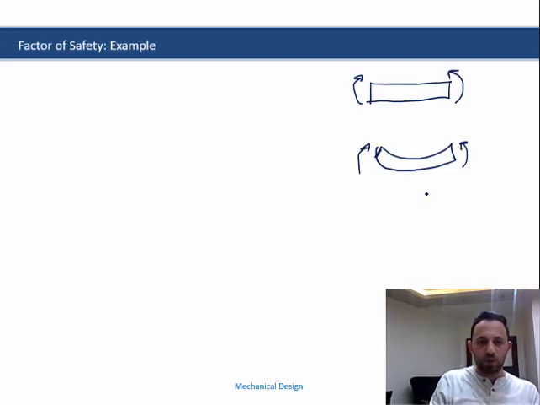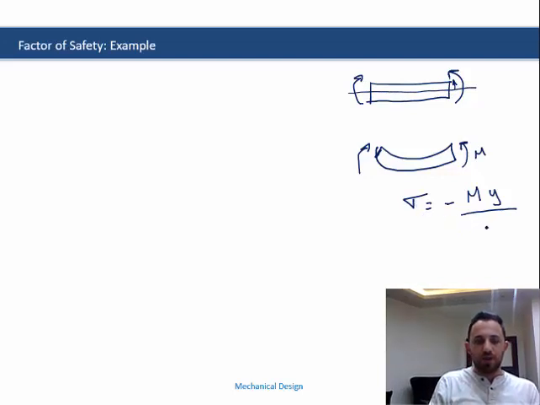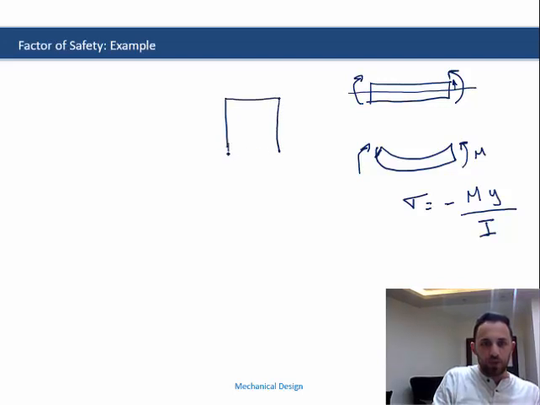And this stress is equal to minus M, bending moment, multiplied by y over I, where y is the distance from the neutral axis to the point we are calculating the stress, and I is the moment of inertia. If we assume the cross-sectional shape of this shaft to be square, it would look like this.